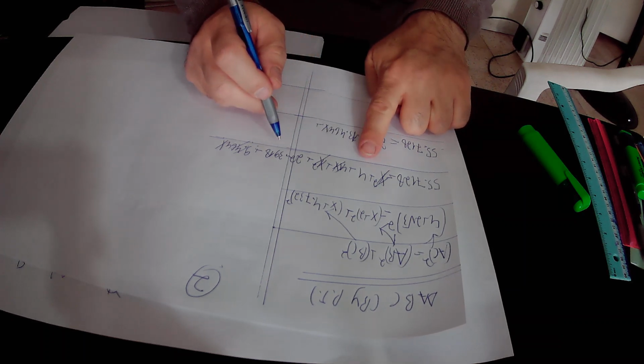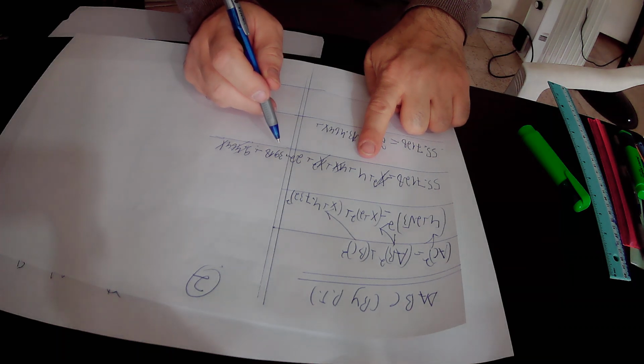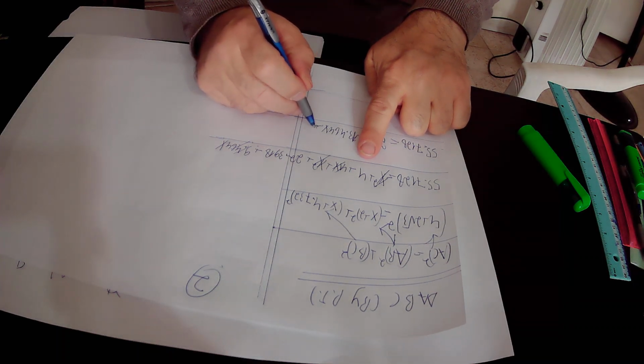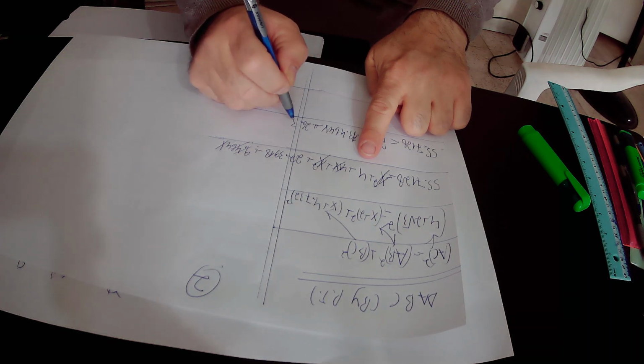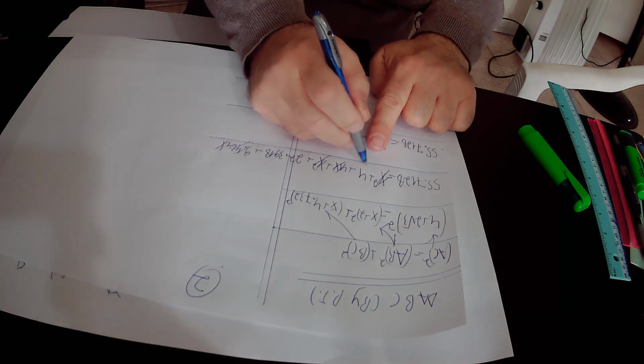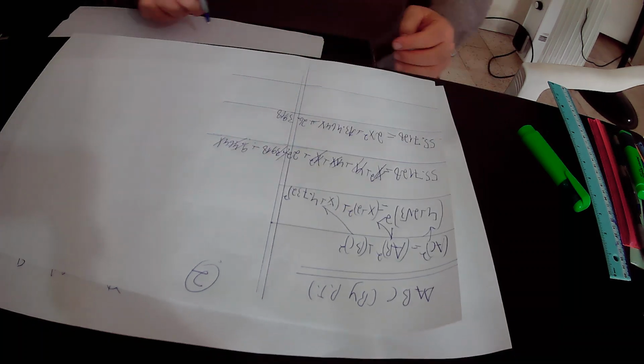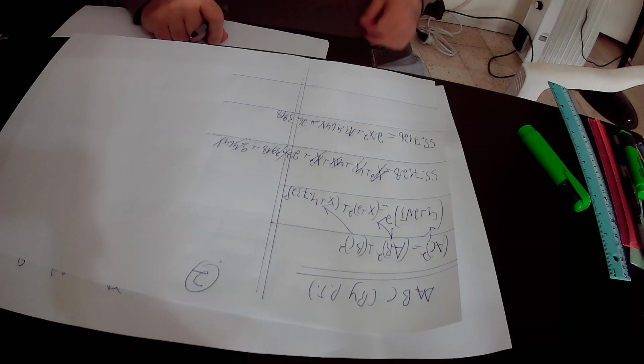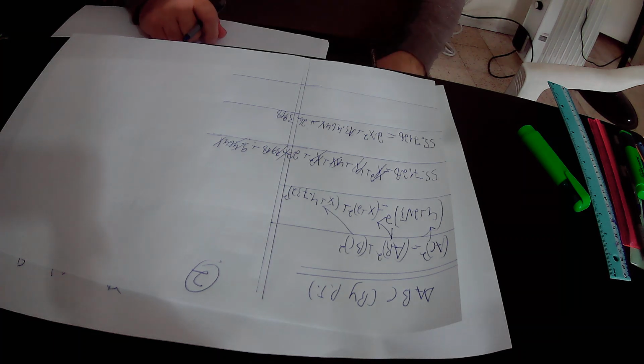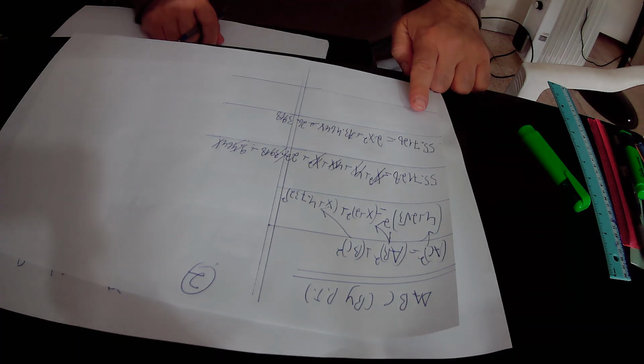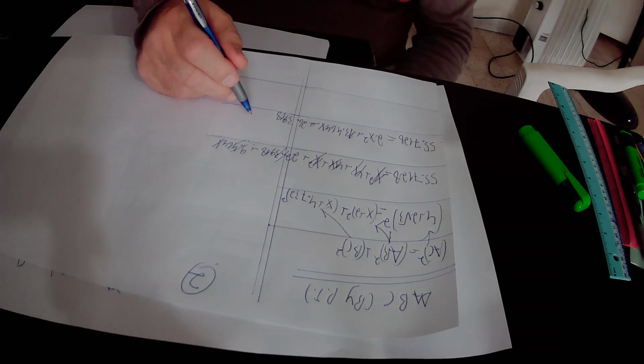And finally we have here 4 plus 22.3918, which equals 26.3918. In conclusion, I found out that 55.7128 equals 2x square plus 13.464x plus 26.3918. Here we subtract 59.7128 from this equation.